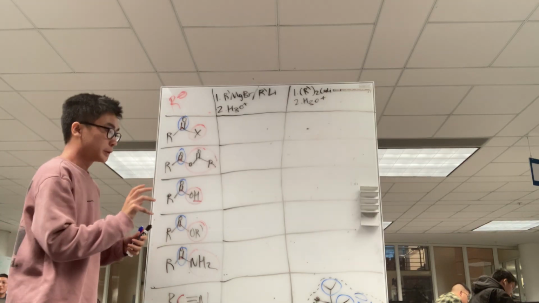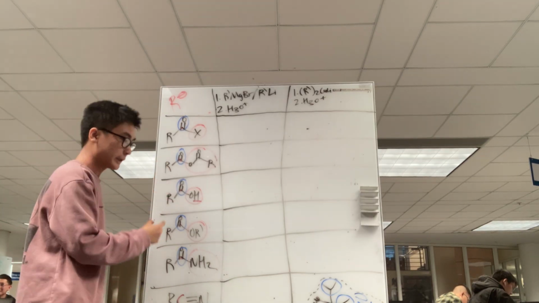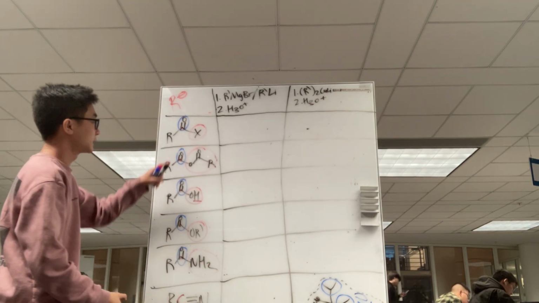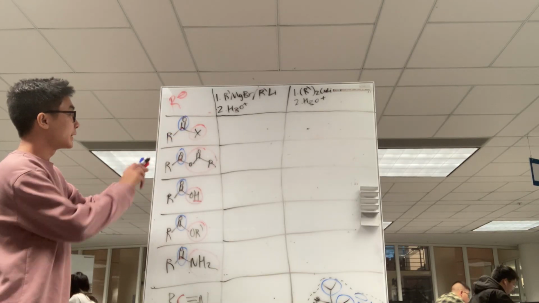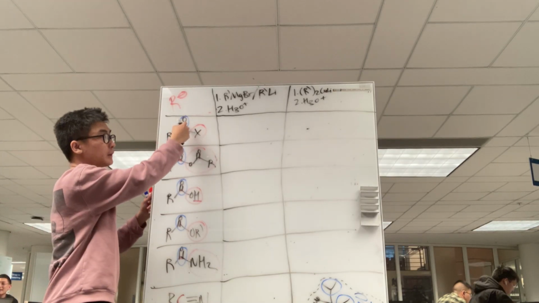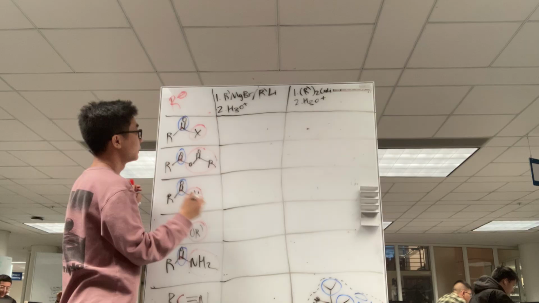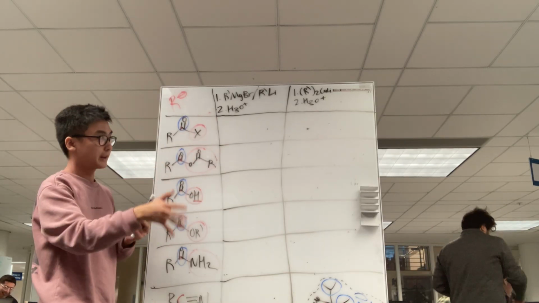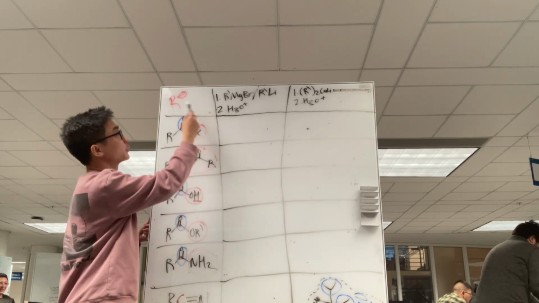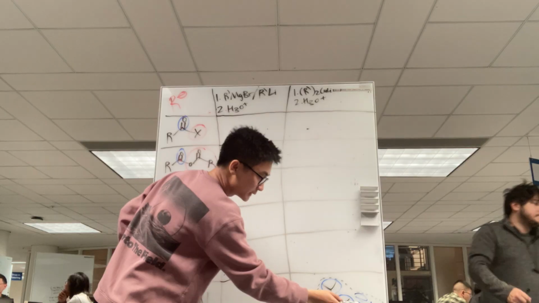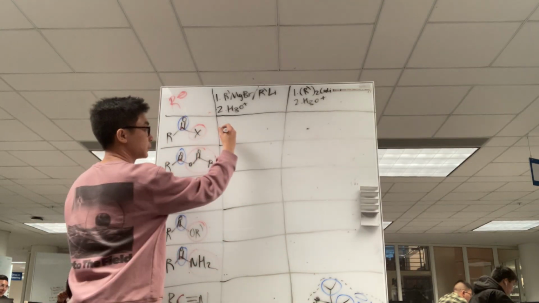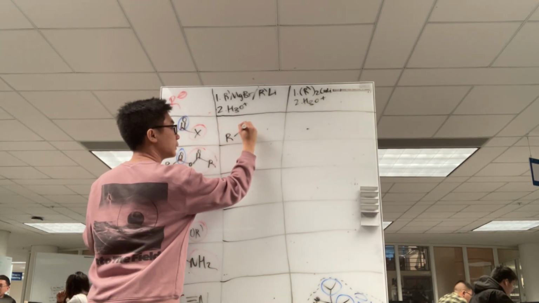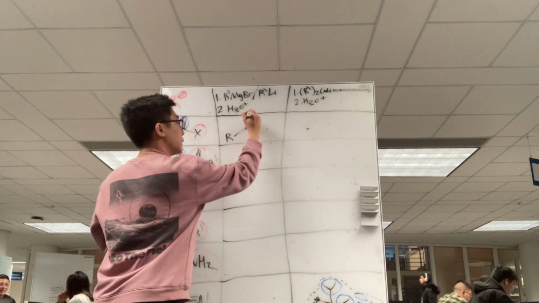So you can predict the product quickly here without doing this whole entire mechanism. Because in this acyl halide right here, we know that this carbonyl will become an alcohol, right? And the leaving group will just go away. And we said we're adding the R group two times. So to predict the product quickly here, this will be OH.